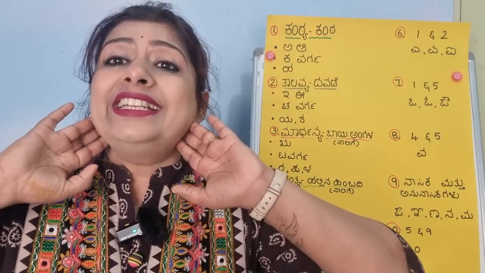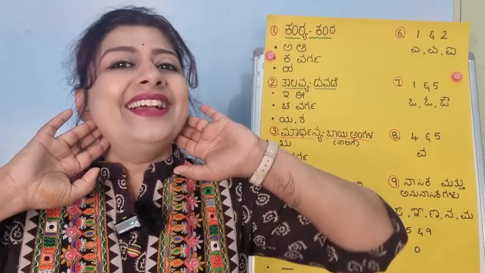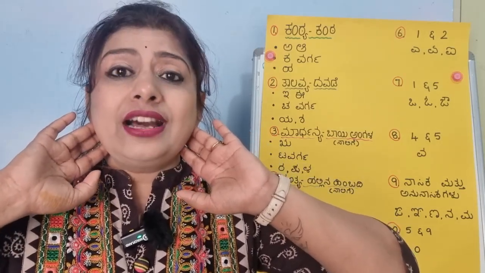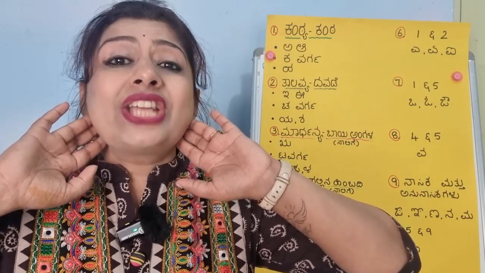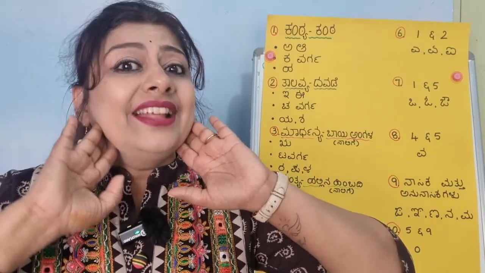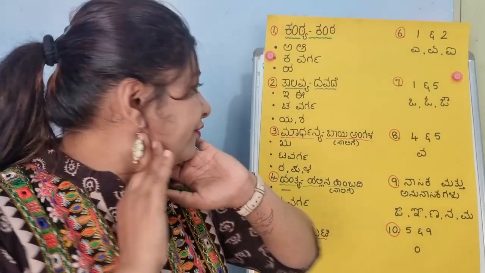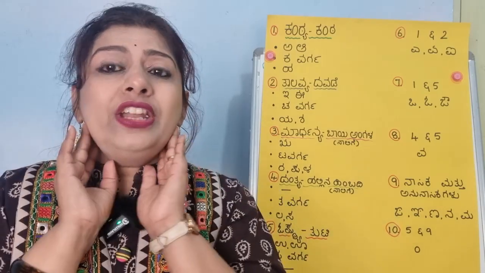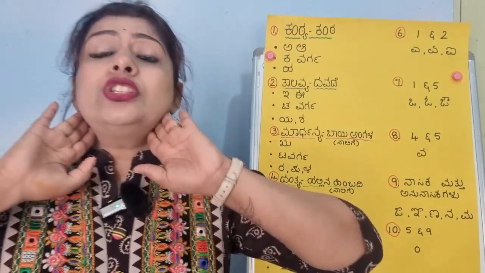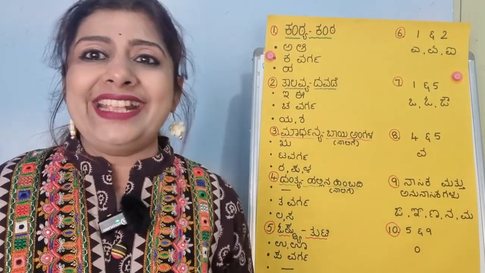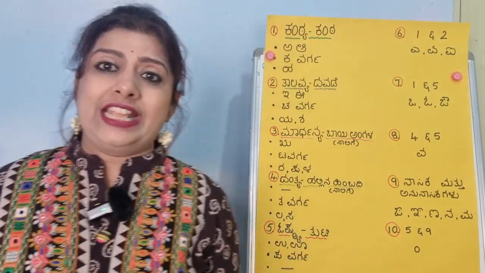From swara, it is E and Ee, and all the letters of Cha-varga, Cha, Chha, Ja, Jha, and the letters from avargeeya vyanjana are Ya and Sha. When you pronounce these letters, you will clearly understand from which part they originate.